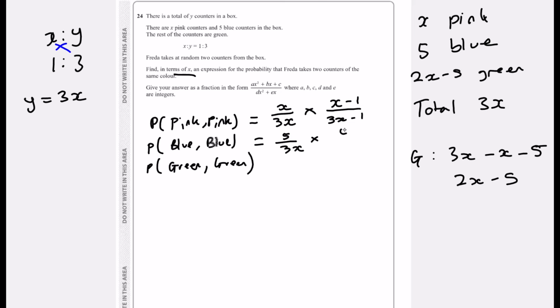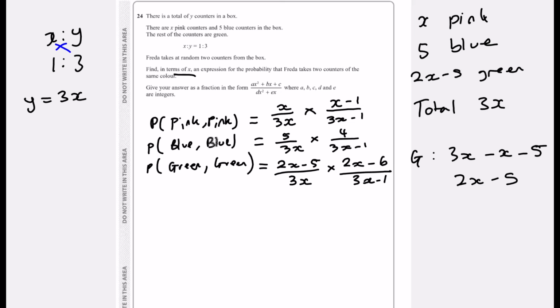And the second one, for another blue, there'll be 4 blues left out of 3X minus 1 in total. And green, green, there were 2X minus 5 to start out of 3X. If we remove 1, there's 1 less, so 2X minus 5 minus 1 is 2X minus 6 out of 3X minus 1 in total. So we can either have pink, pink, blue, blue, or green, green.